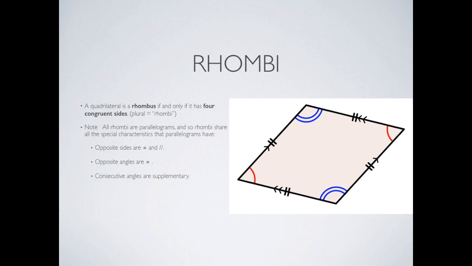Remember that the consecutive angles are supplementary. The diagonals bisect each other. And two new things: the diagonals are perpendicular and the diagonals bisect the opposite angles.